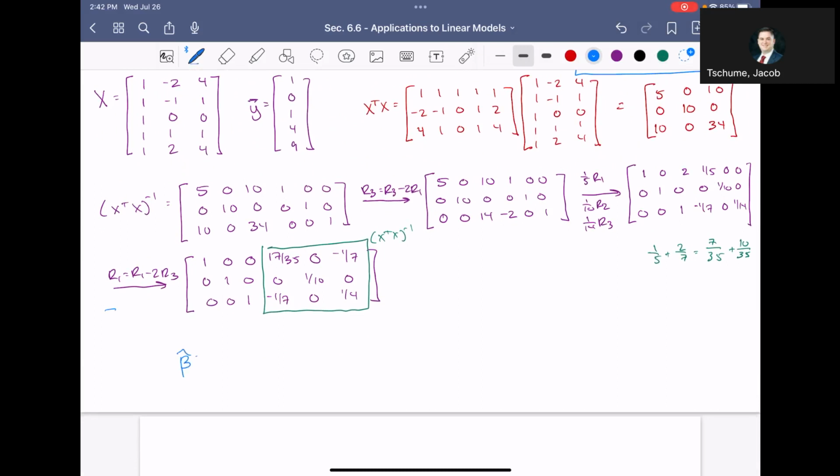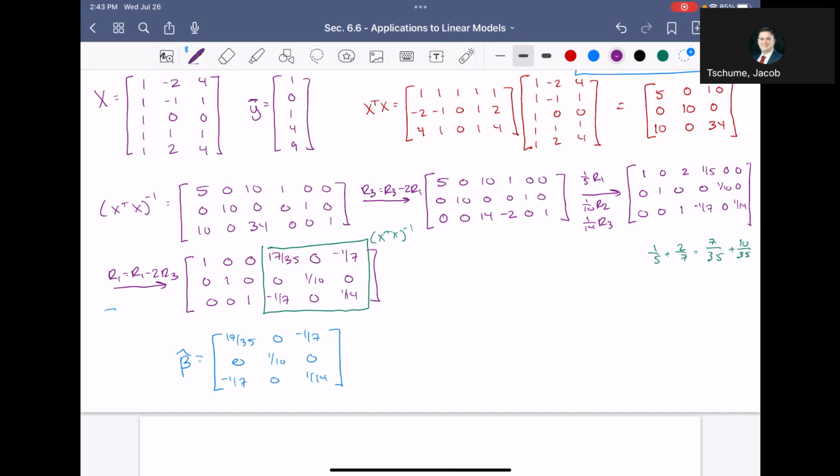So beta hat is going to equal the inverse we just found. So 17 over 35, 0, -1/7, 0, 1/10, 0, -1/7, 0, 1/14. Oh, sorry, 1/14. Bad handwriting there. That would have been bad down the line. That is 1/14. Yep.